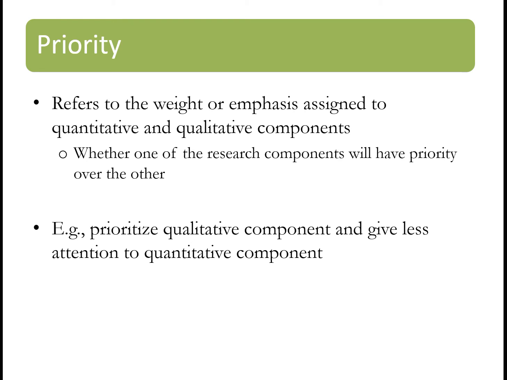This refers to the weight or emphasis assigned to the quantitative and qualitative data or components of the study. Sometimes you might give equal weight, or sometimes you might give priority to the qualitative component and less attention to the quantitative, or vice versa.